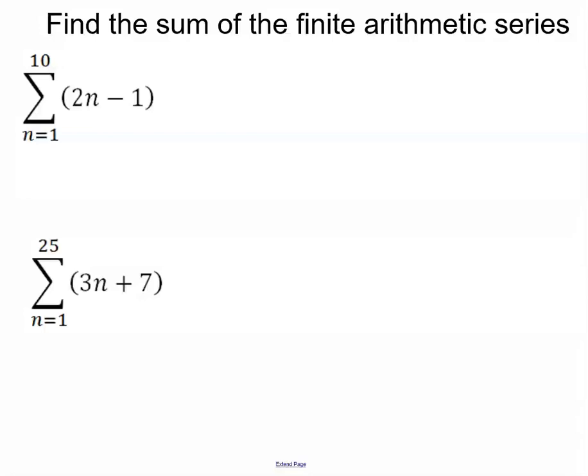And if we think about what a linear function is, it goes up by the same amount each time, we can be confident in saying that if the explicit rule is a linear function, then that sequence must be arithmetic. So you can see both of these examples. That's a linear function and that's a linear function. Here's a linear function, here's a linear function. So we can say with confidence that those are both arithmetic sequences.